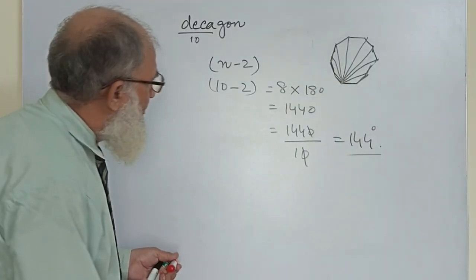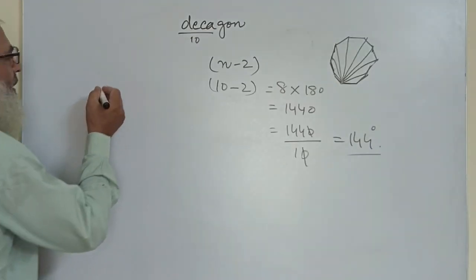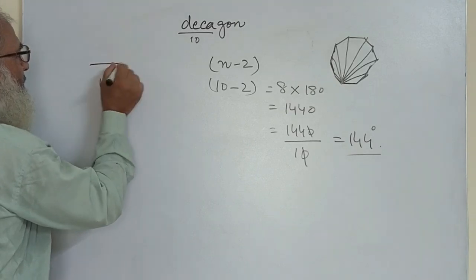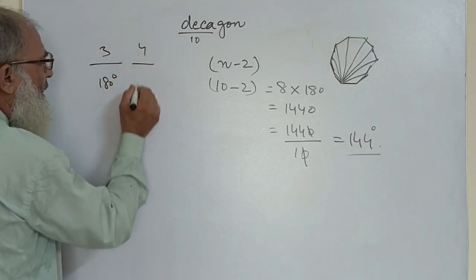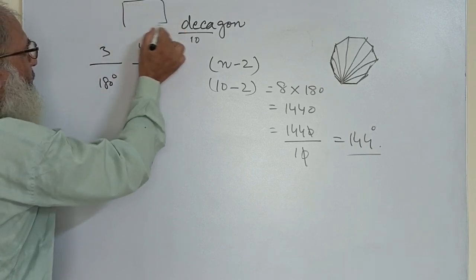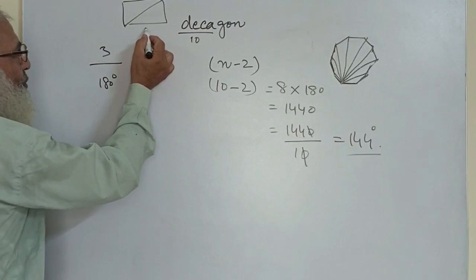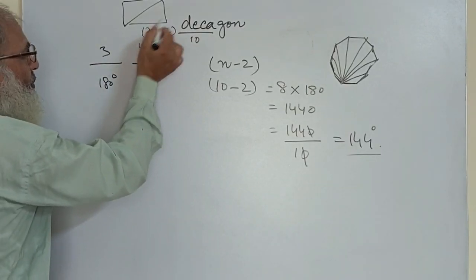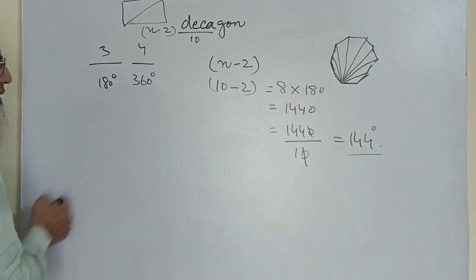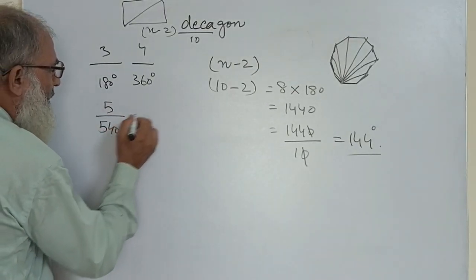Now my dear students, as I told you, a triangle has 180 degrees with 3 sides. With 4 sides, we divide it into n minus 2 triangles, so the internal angles are 360 degrees. In 5 sides, we've learned that it is 540.